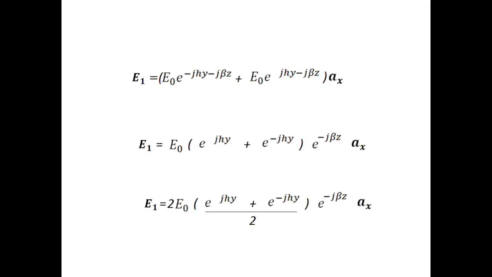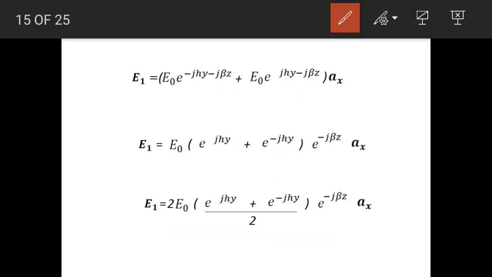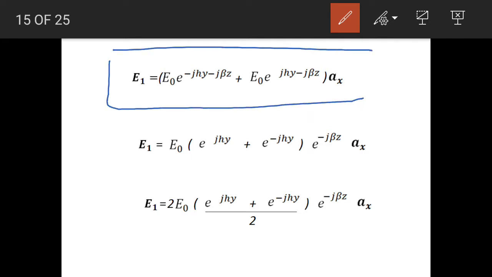So we take the vector sum or the phasor sum of the two intensities. E1 is equal to E naught into e raised to power minus jhy minus j beta z plus E naught into e raised to power jhy minus j beta z, and we have the unit vector ax.